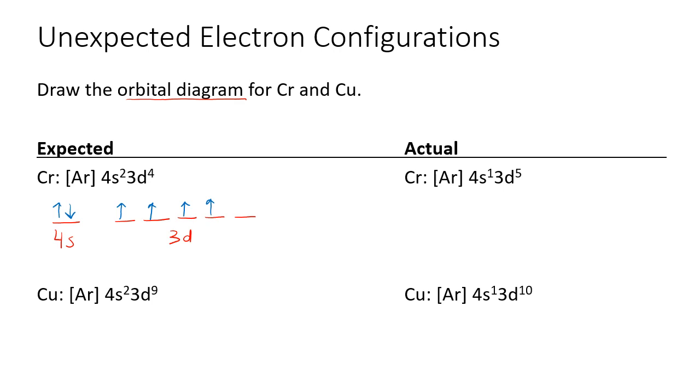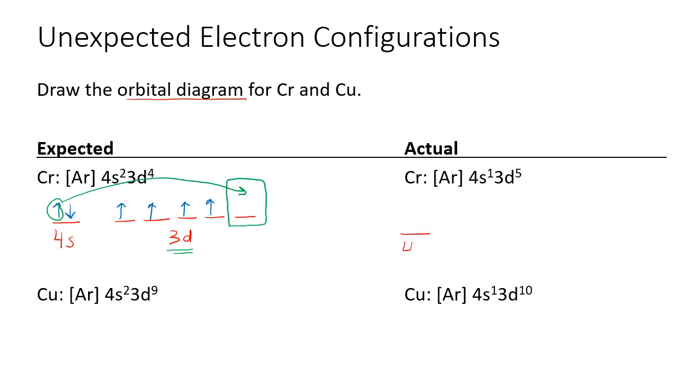And what's actually happening is instead of having this orbital right here on the 3d that has nothing in it, it would rather have 5 electrons in the 3d and have the 3d being completely half filled. So one of the electrons from the 4s gets promoted to the 3d that's empty. And so our real configuration is [Ar] 4s1 3d5.